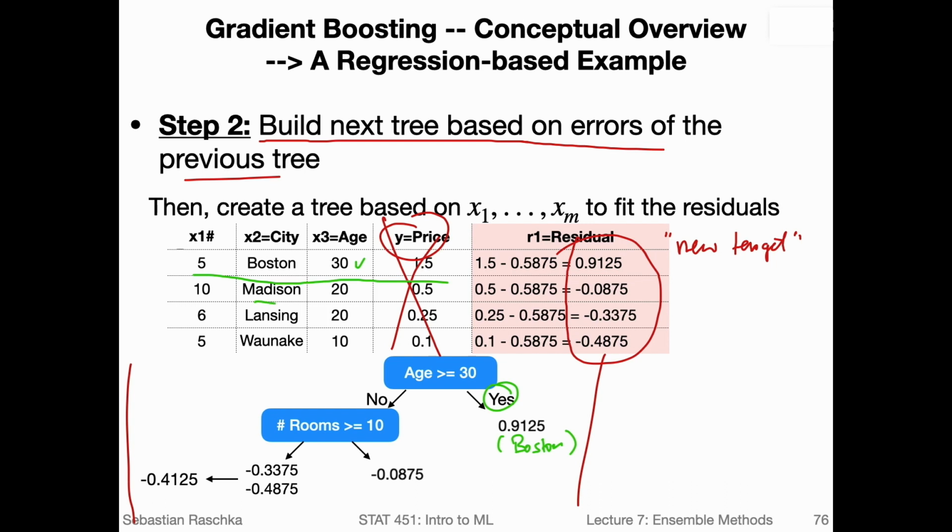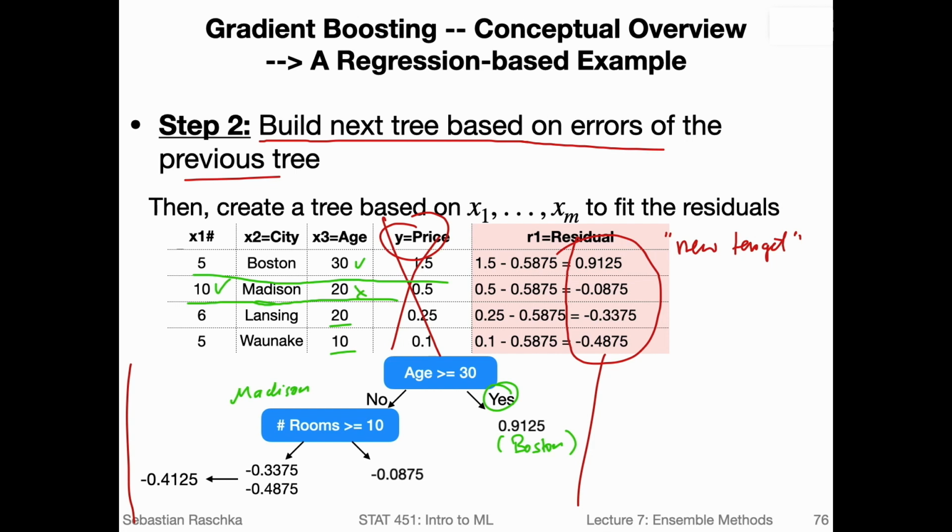For the second case, we don't have an age greater than 30, so it's a no. And then we check whether the number of rooms is equal or greater than 10, that's a yes. So medicine would go here. And the other ones, we can also just write that down, they are all younger than 30 years old.